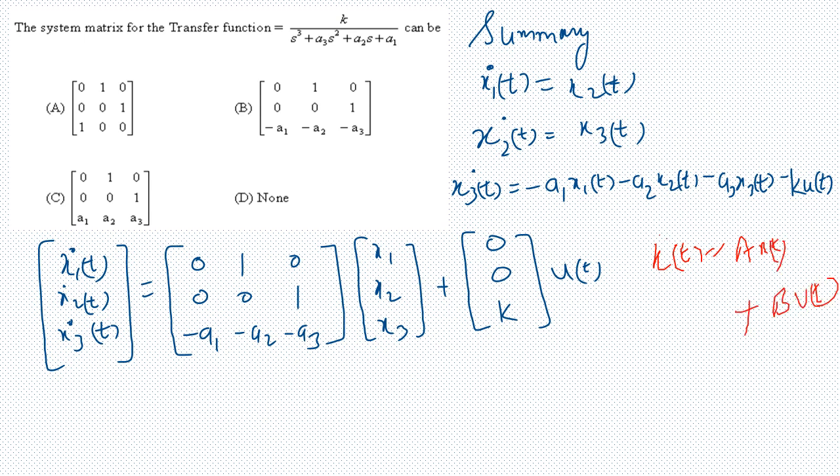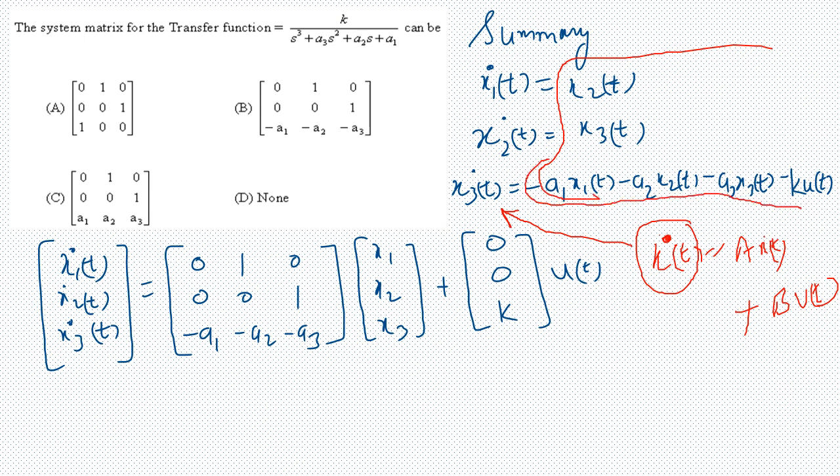All the differentiated variables are on the left hand side, and on the right hand side these are functions of only x1, x2, x3 of t and u of t.